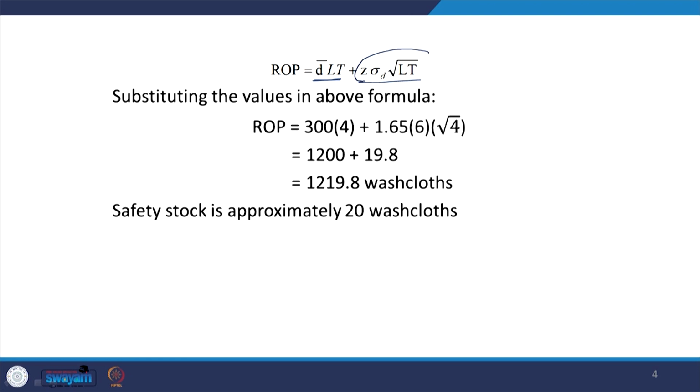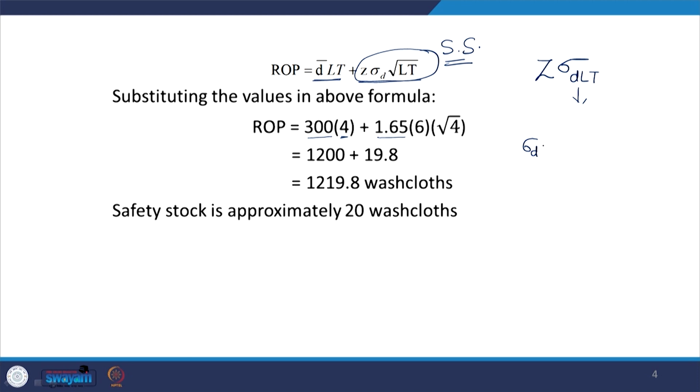This component is the safety stock, that is actually Z into sigma DLT, because in this particular case your average demand is 300 units per day, the lead time is 4 days, the Z value you have already taken as 1.65, and now I need to explain how this sigma DLT is coming from sigma D and LT.